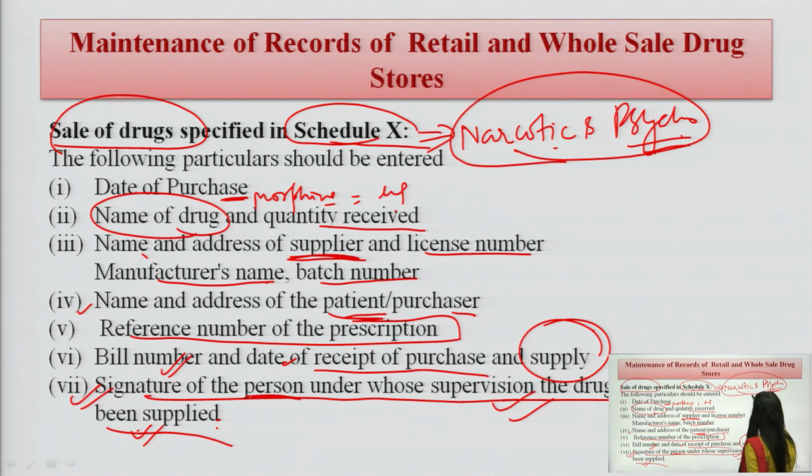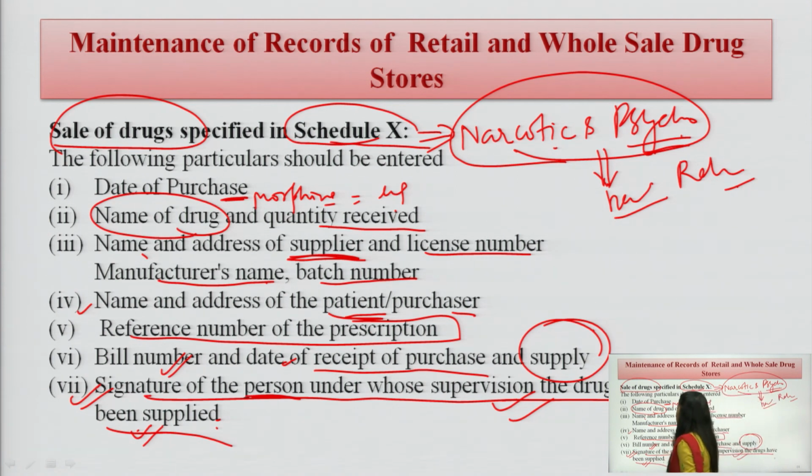Narcotic and psychotropic substances cause habituation in patients, and if the patient takes them continuously, the treatment requires rehabilitation, which is very difficult to do. So, it is very important that they should not be given in excess.